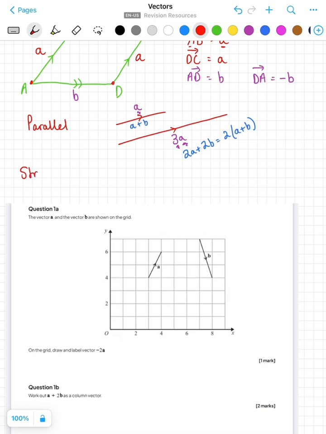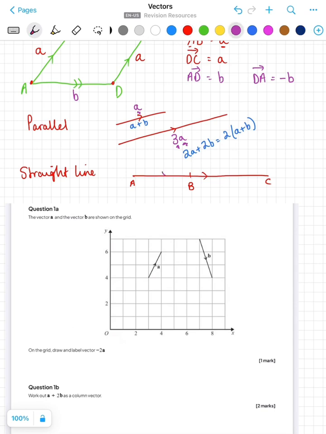Another style of question you may see is proving something is on a straight line. So let's take the straight line ABC. And let's say A to B is a, B to C is twice A to B, so 2a. And that's to say then that A to C is a plus 2a, which is 3a.